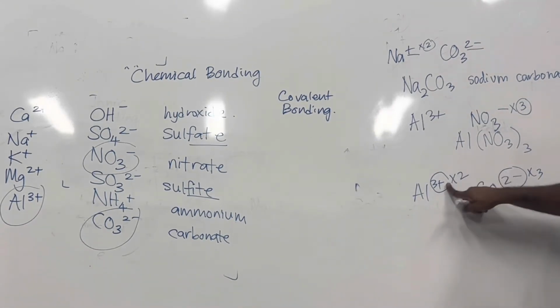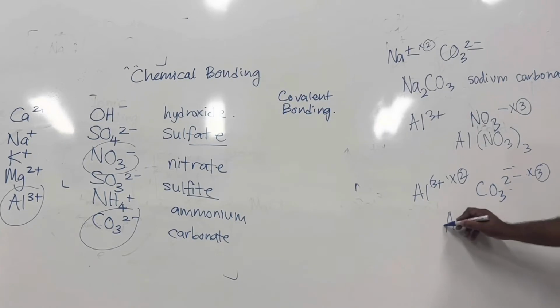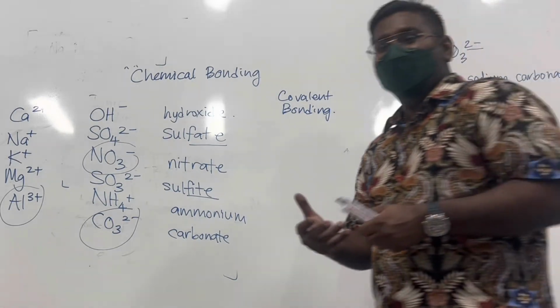Rather than circling this, it's better to circle this. Al is one element, no need to bracket. So it's 2. CO3, put 3, more than one element. I hope this is clear.